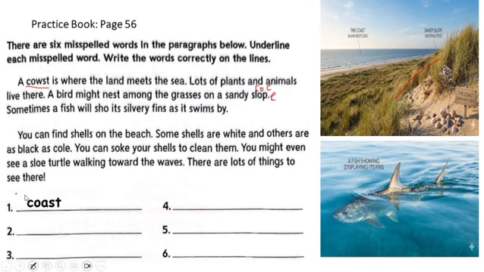The next sentence. Sometimes a fish will show its silvery fins as it swims by. So as you can see in this picture, this is a fish. This fish shows its fins. Here we have two fins, right? So let's look closely at the words. Do we have any misspelled word here?